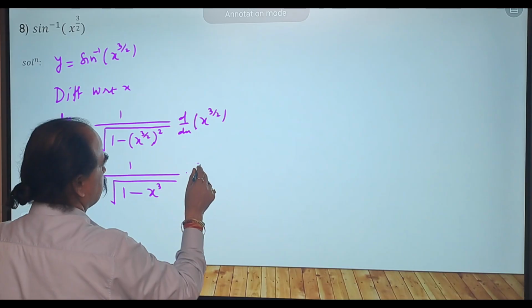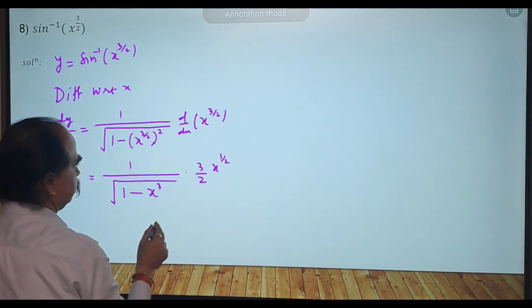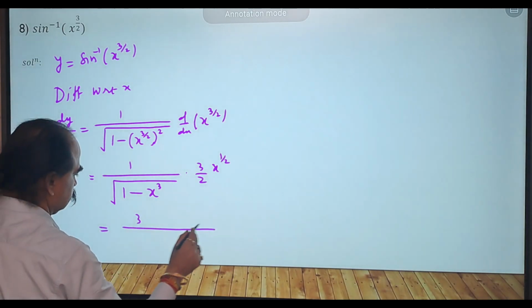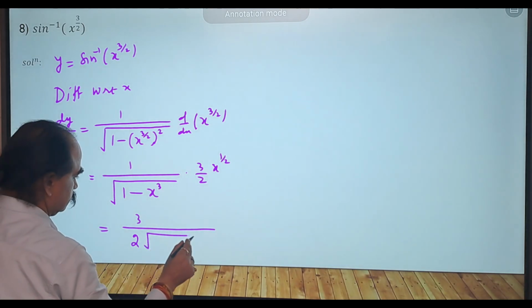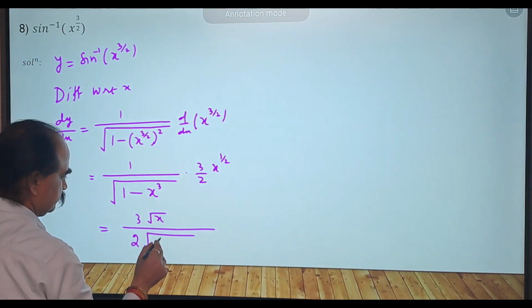Derivative of x raised to 3 by 2 is what? 3 by 2 x raised to half. X raised to half can be written as root x.